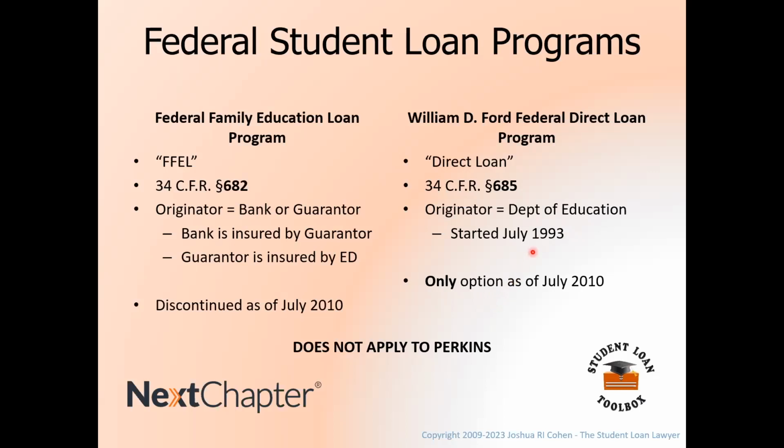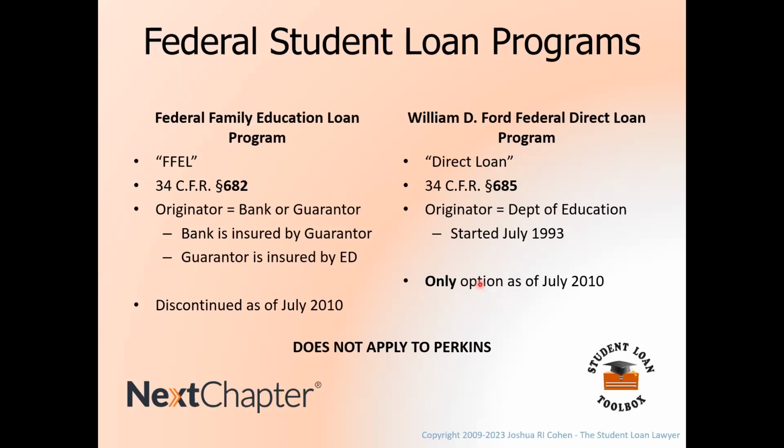It started in July of 1993, so here's a very good nugget for you. Anyone that has a loan before 1993, it's got to be an FFEL. Anyone who has a loan originated after July 2010 has to be a direct. You do, of course, have the gray area between 93 and 2010. FFEL, be direct. Maybe they've consolidated and gone back and forth. Could be either one.